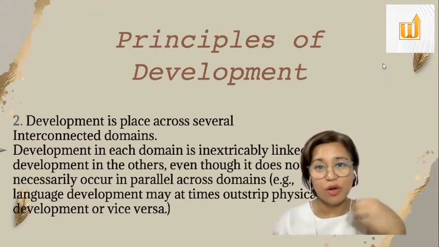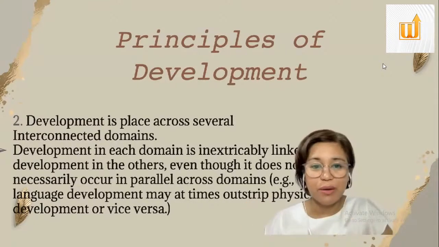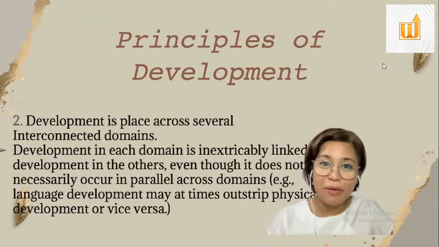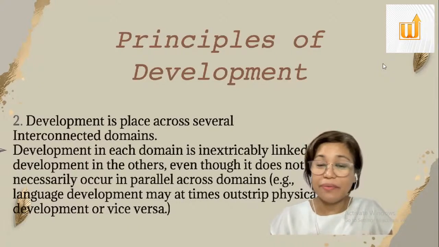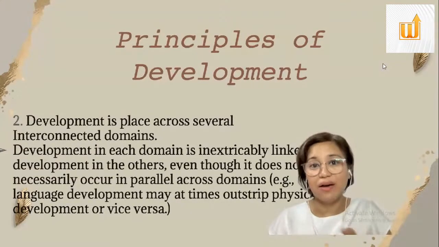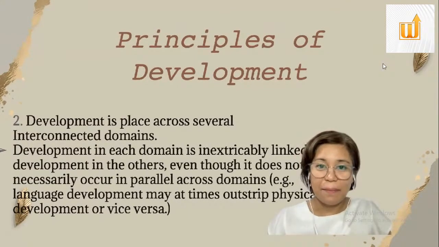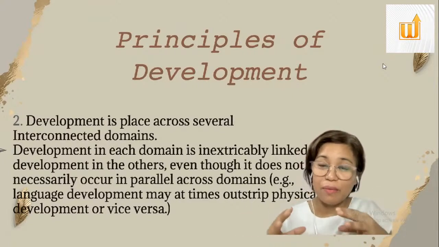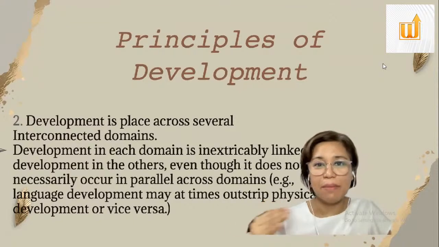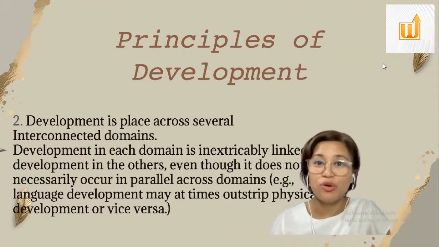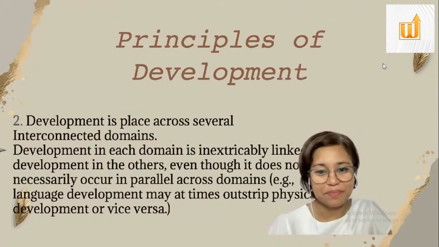There are different kinds of cognitive development, social development, or moral development. These are different domains, but they are linked with each other, but may not be parallel across domains. So basically, these are different domains with different growth and development patterns, but also they are interconnected with each other.